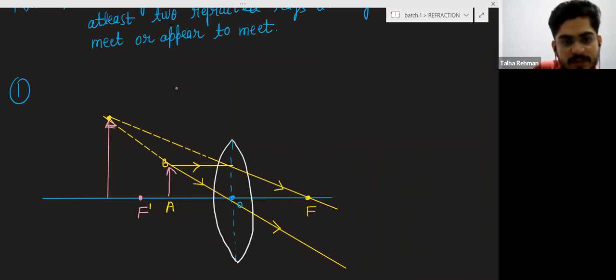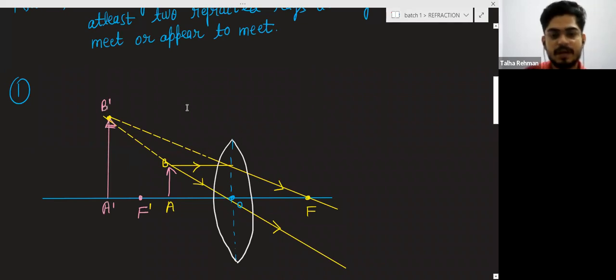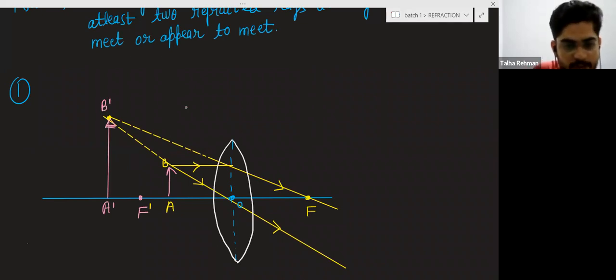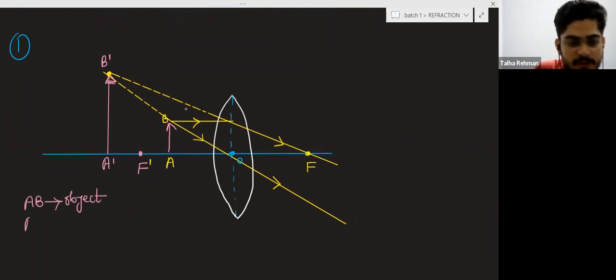Suppose this is A dash and this is B dash. So AB was the object, and A dash B dash was the image of that object.